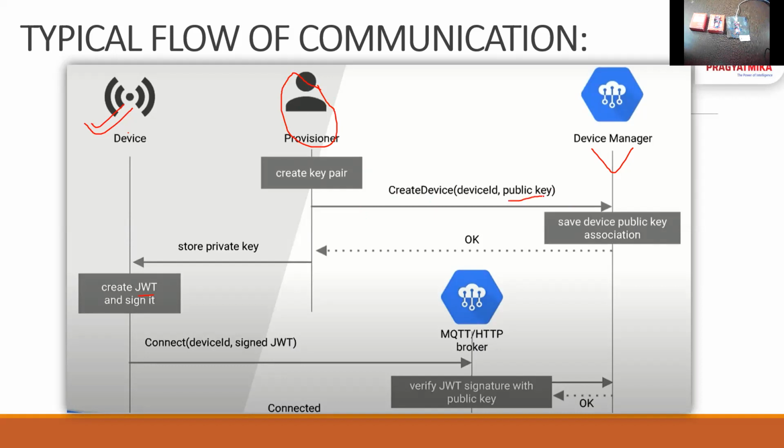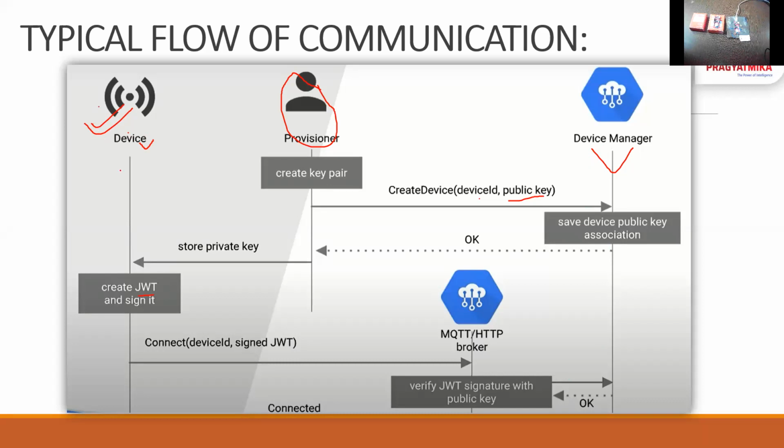Every public key is associated with the device ID, and then it is given to the device manager. The device manager saves that device association, so it saves whatever device ID and public key is available in itself. And then this key pair is used for the purpose of JWT verification.